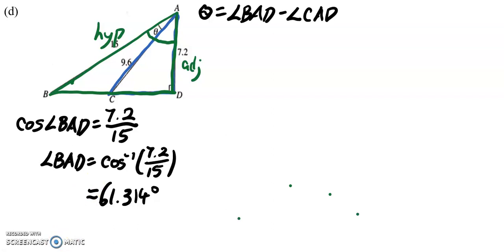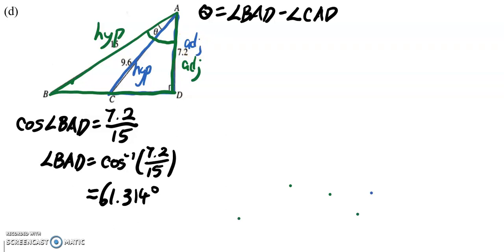Looking at the smaller blue triangle that we have. Okay, notice that your 9.6 is actually the hypotenuse. And my 7.2 is actually the adjacent of the angle CAD.